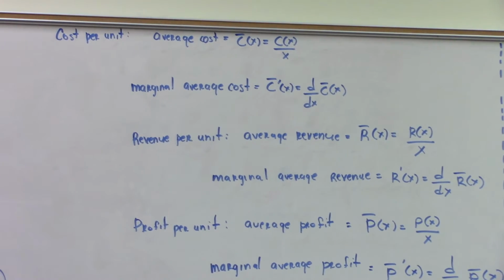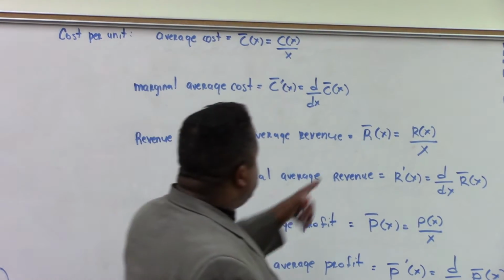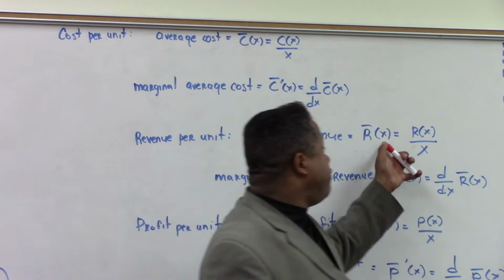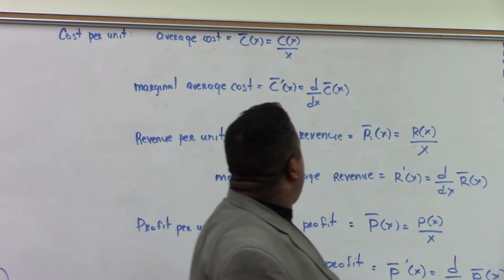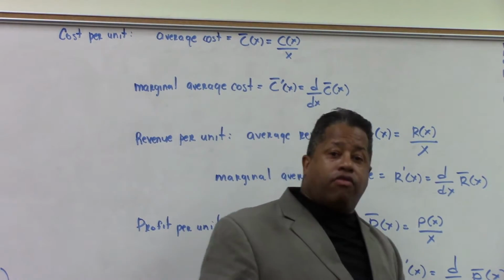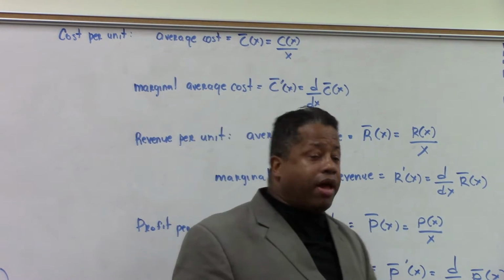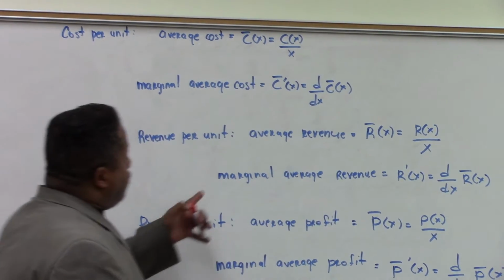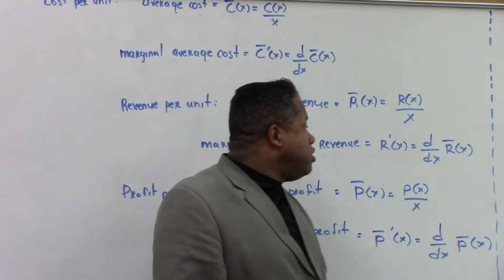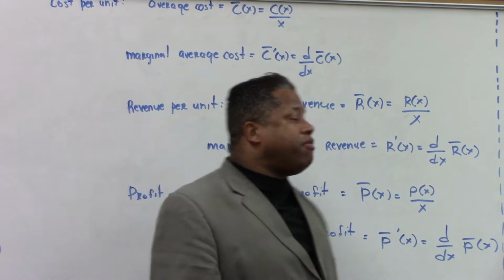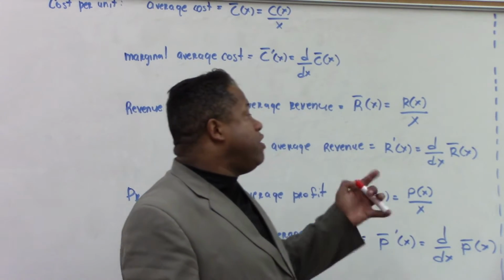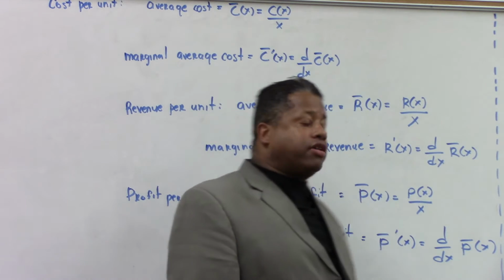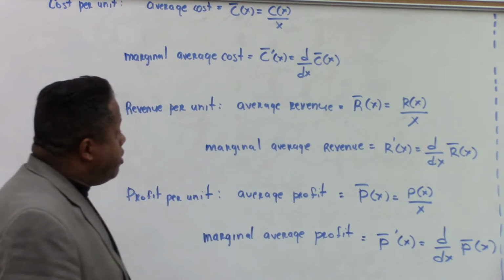The average revenue R bar sub X is equal to the revenue function R sub X divided by X. And you have the marginal average revenue, which is R bar prime of X, equal to the derivative of R bar sub X. Very important.